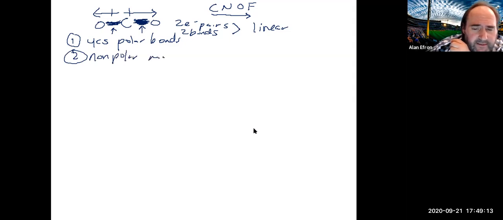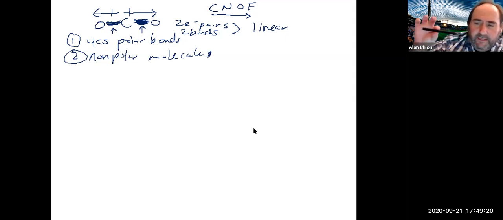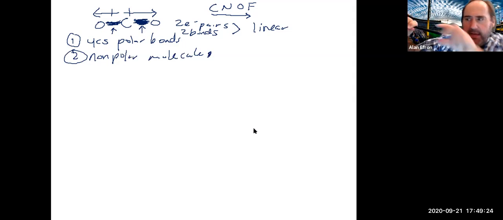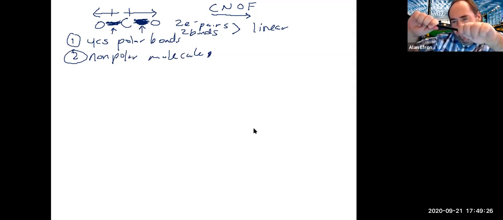That is because if I take a pen here, and this is my CO2 molecule, and I pull this way where an oxygen is pulling, and then I have the oxygen pulling the other way, if you look at my pen, I really am pulling on both sides, and my pen is really not going anywhere.